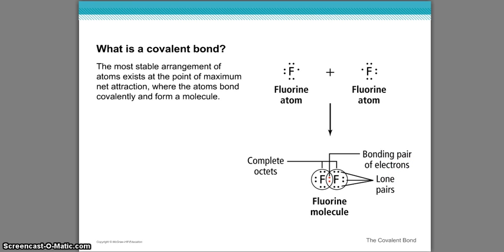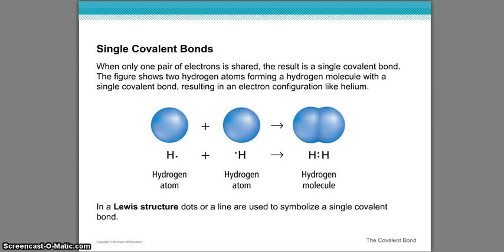So let's take a look at some of the sharing that goes on between atoms. So when only one pair of electrons is shared, what we get is called a single covalent bond. And we can represent a single bond either with 2 dots like that.